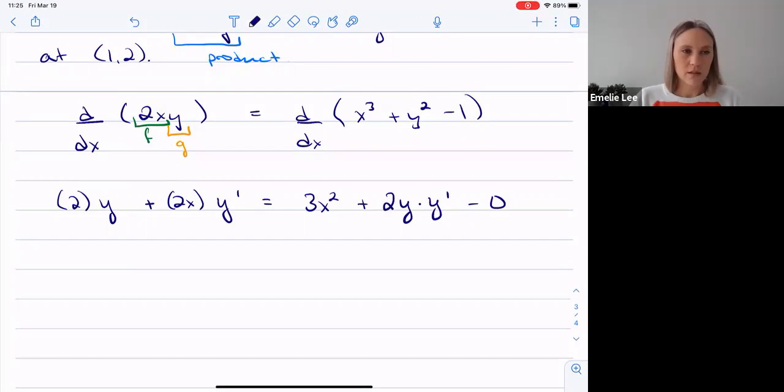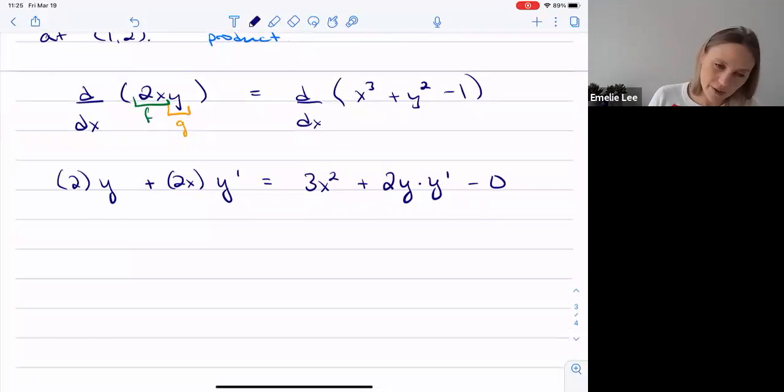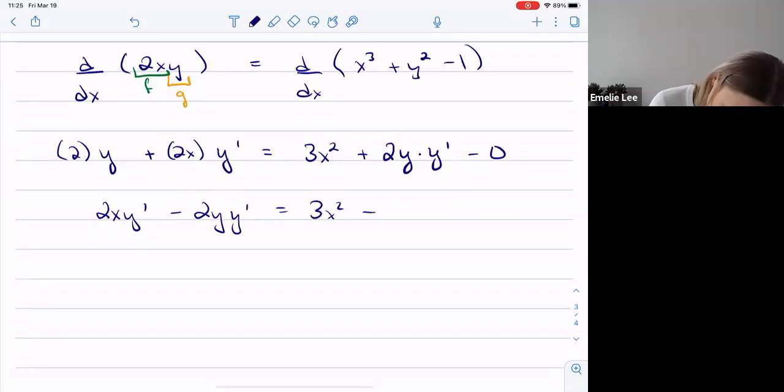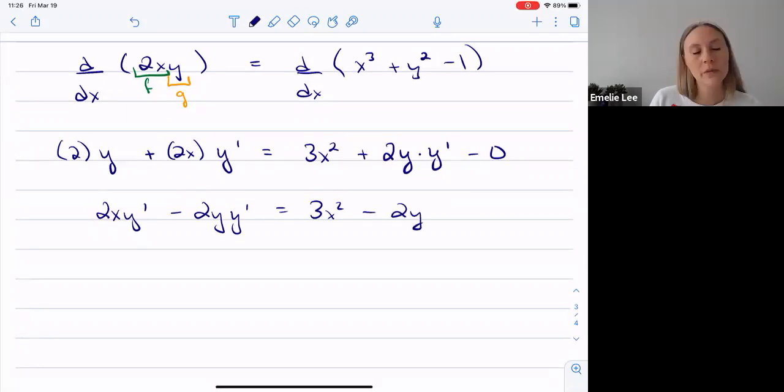Okay, so now we're going to rearrange and solve for y prime. There are no more derivatives that we have to find, because we've already found them in y prime. So I'm going to move all my y prime terms over to the left-hand side and anything else to the right-hand side. So I get 2x y prime minus 2y y prime is 3x squared minus 2y.